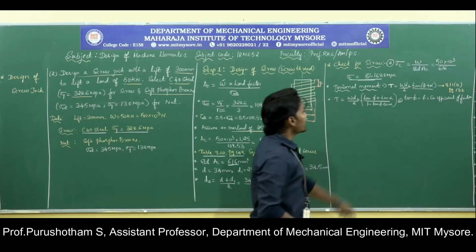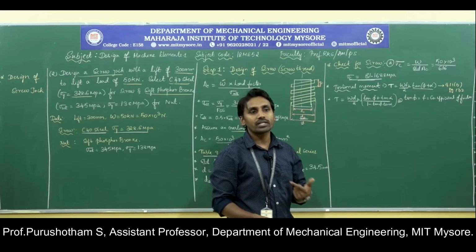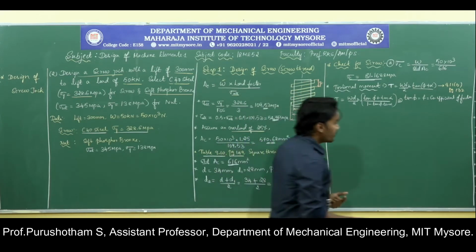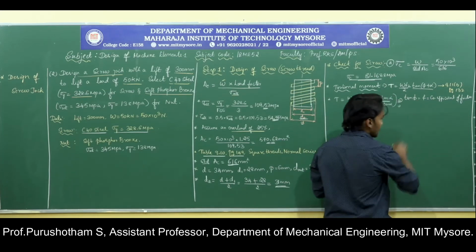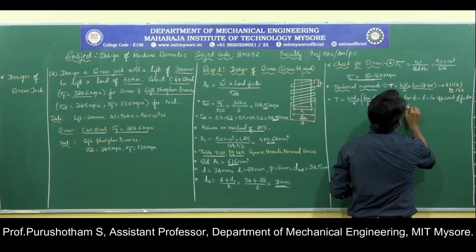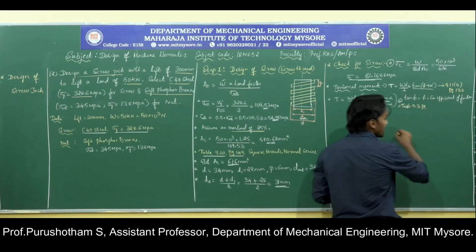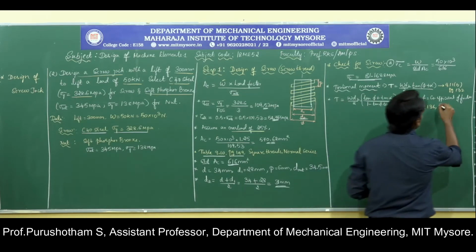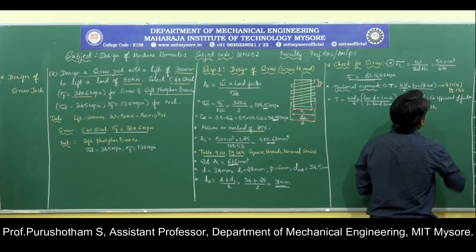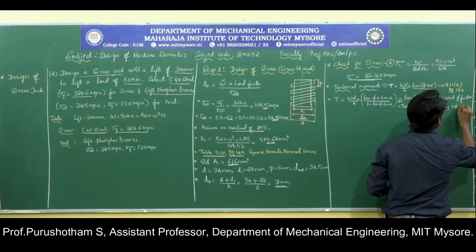In this problem, the coefficient of friction is not given, so we need to go to table 9.3 on page number 136. In this we have to choose heavy machine oil.